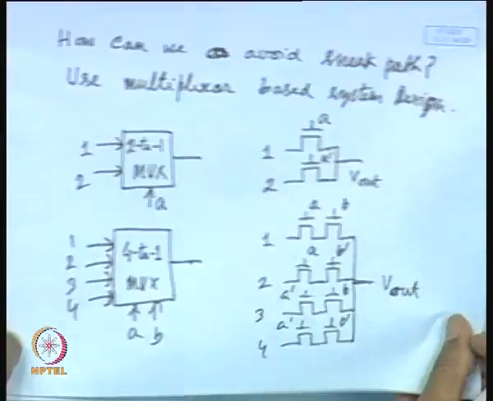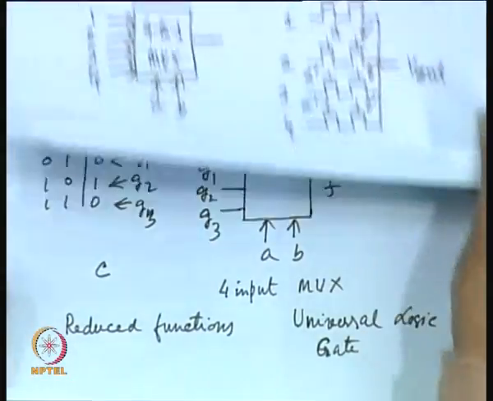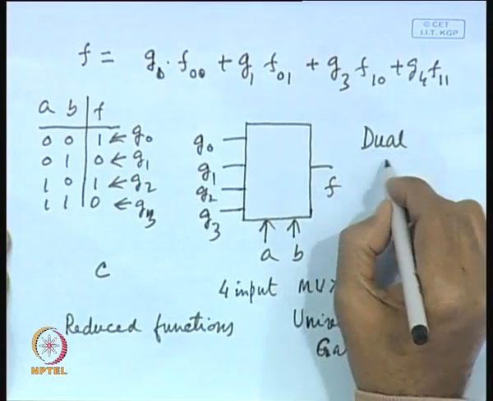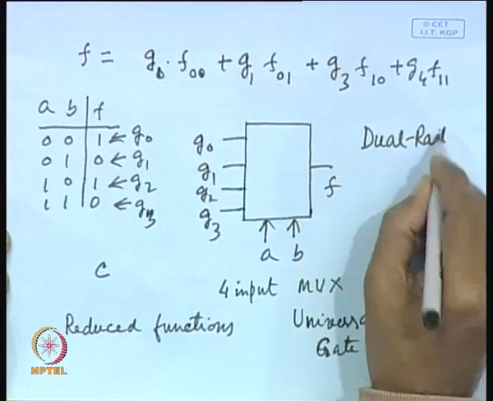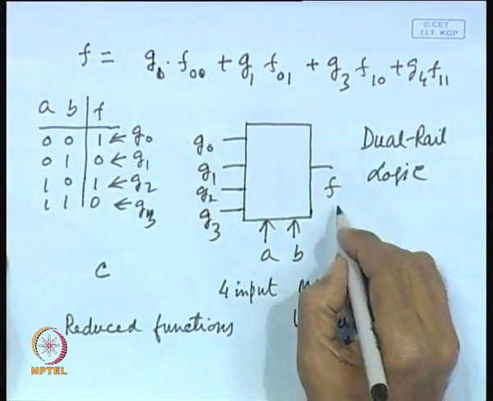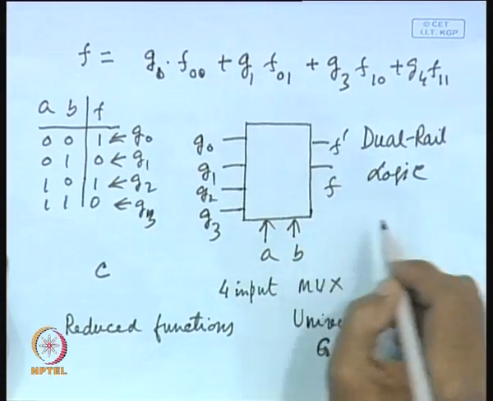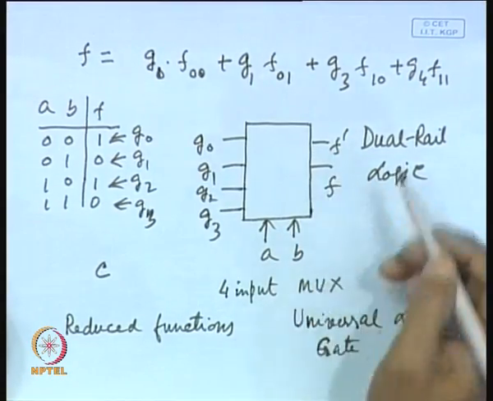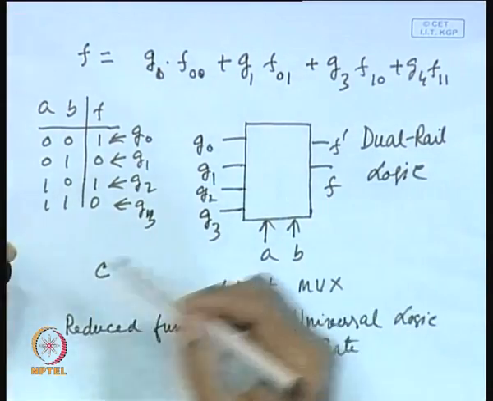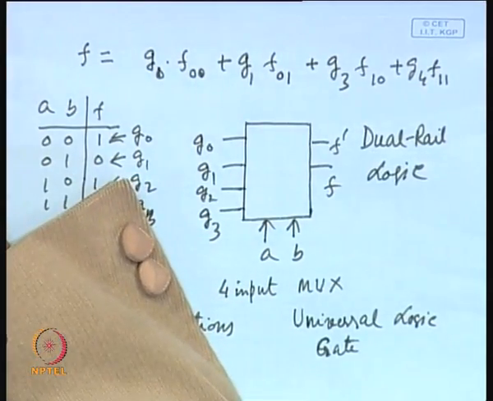That means, this is a disadvantage, you have to generate the control signal. In other words, you have to use what is known as dual rail logic. So, you will generate F as well as F bar, so that F and F bar can be used as control signals to the next stage. So, these are the main drawbacks and advantages that we have discussed.